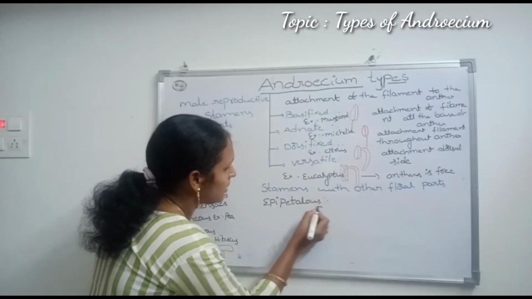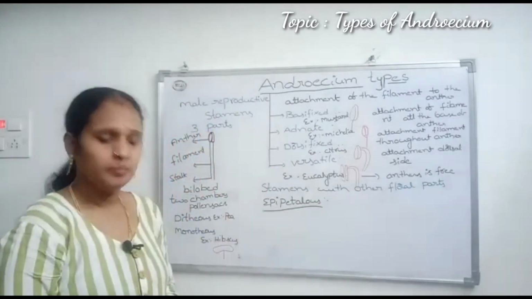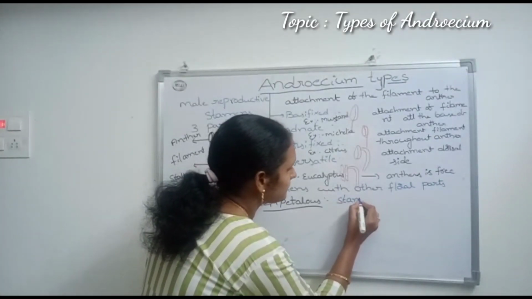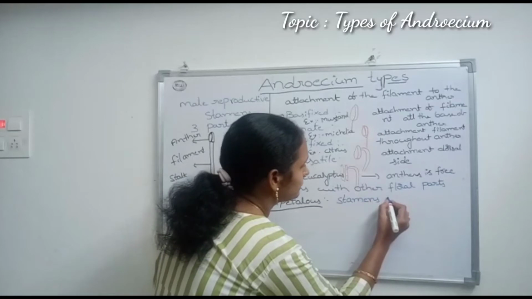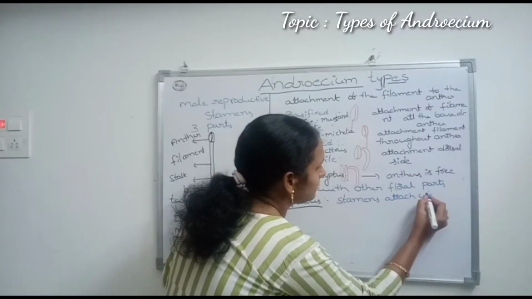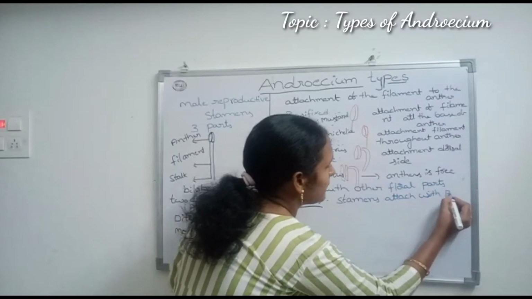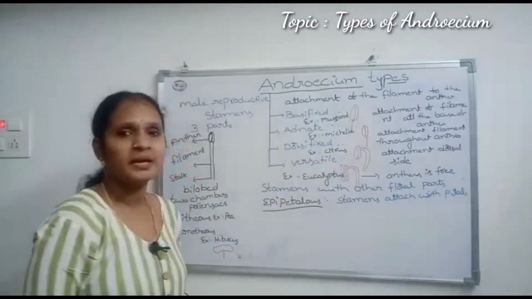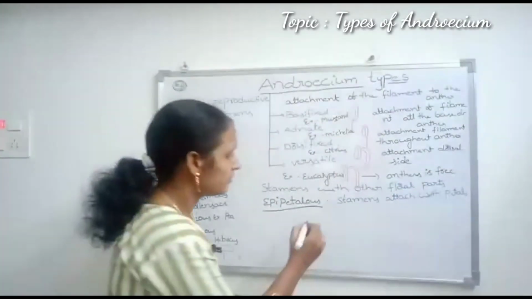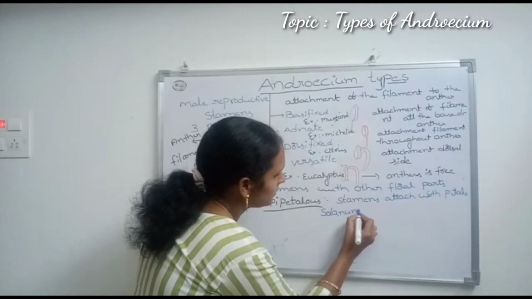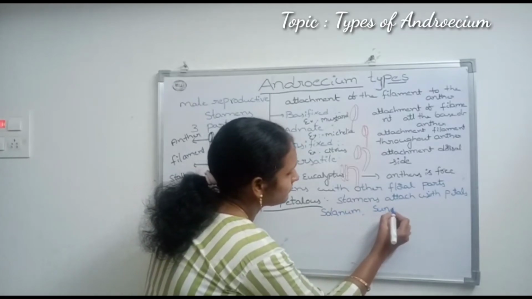Here stamens are attached with the petals. Examples of epipetalous are Solanum species and sunflower.